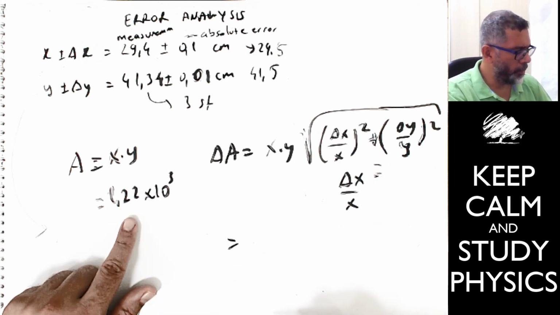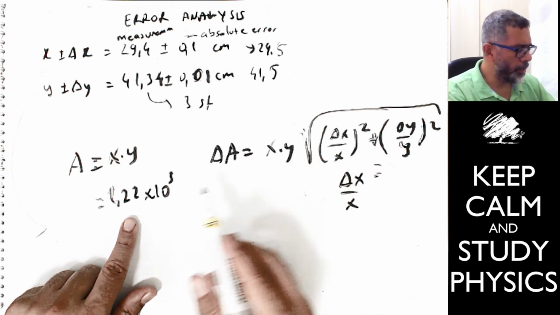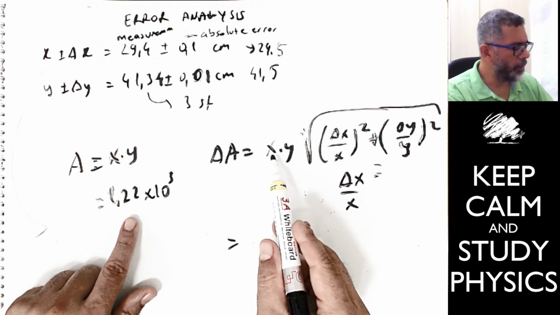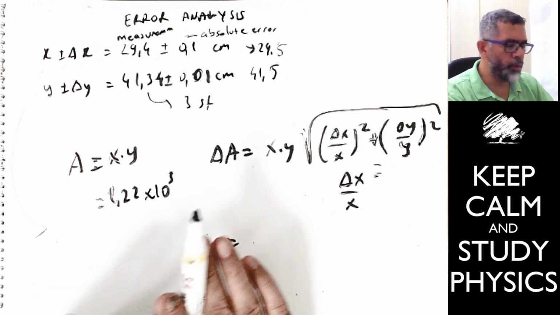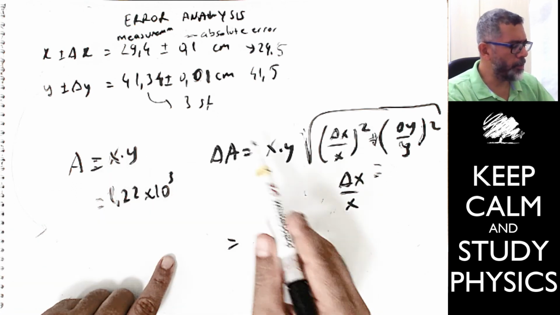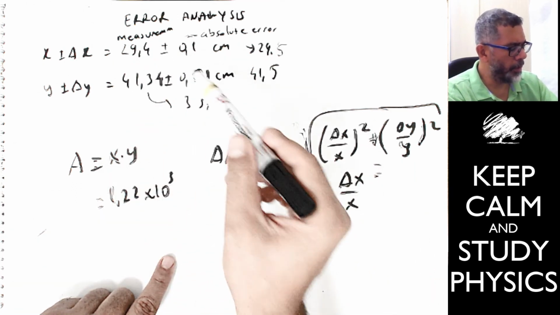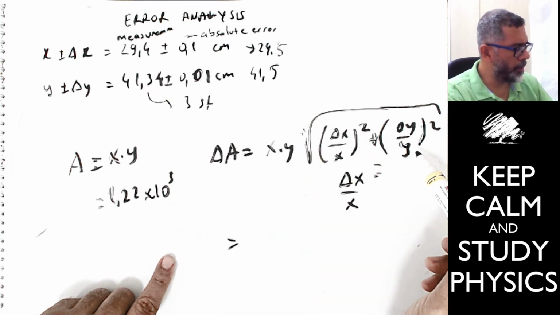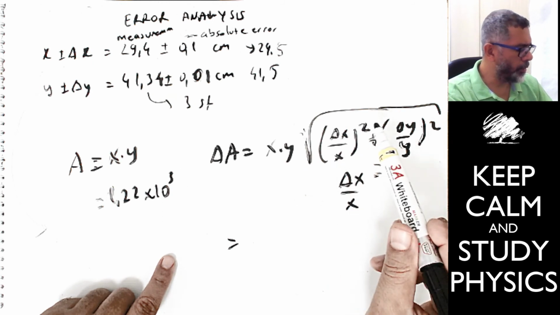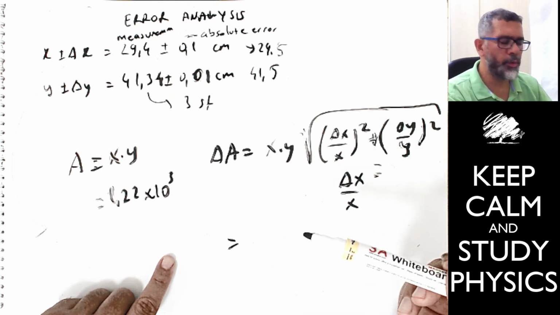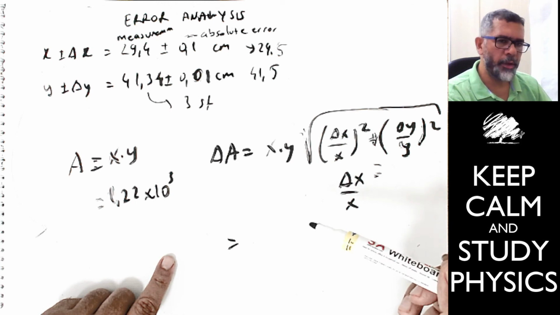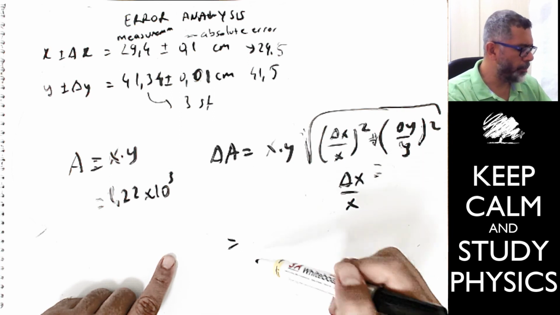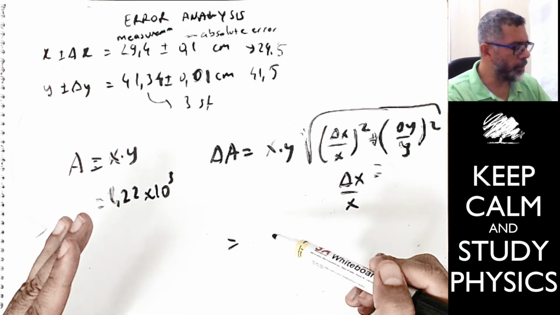x times y was just... do all calculations without rounding every term off first. Don't do this. Whatever the numbers over here, just use exact numbers: 29.4 over here, 41.34 over here, put all these numbers in your calculator and get the result, and then do whatever rounding off you have to do after that.